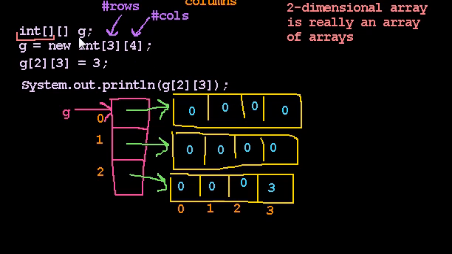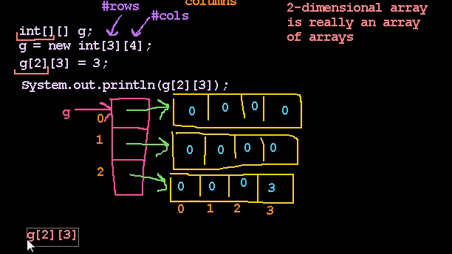It's hard to interpret this line in that sort of way, but let's look at another line. G2. What is G2? If we write G2, what is the value of G2?